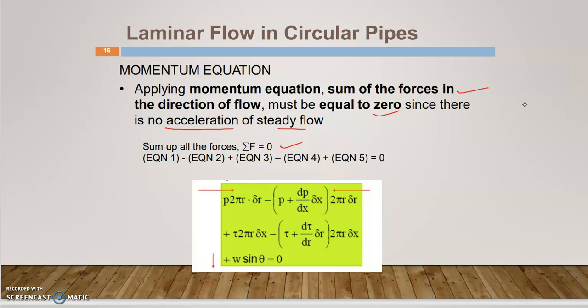From equation 1, we subtract equation 2, which is due to the pressure, minus the opposite pressure, plus the shear stress force, minus the opposite direction shear stress force, plus the weight of the molecule, and this equals 0. So that is the momentum equation.